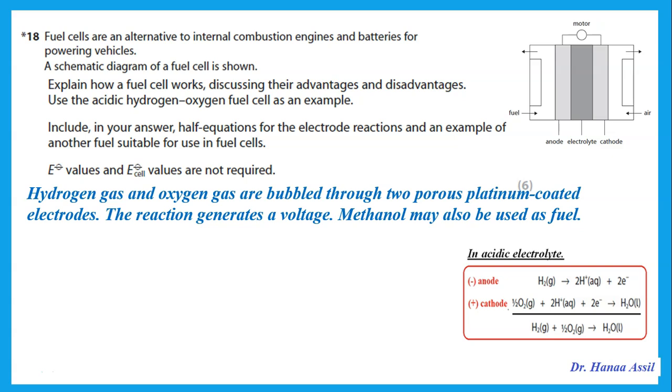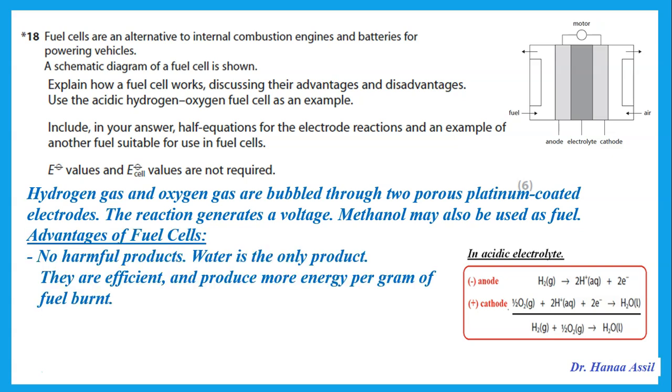So basically, hydrogen gas and oxygen gas are bubbled through porous platinum-coated electrodes. The reaction in which electrons are given and taken generates a voltage. Now, we were required to give an example of another fuel that could be used for fuel cells, which is methanol.